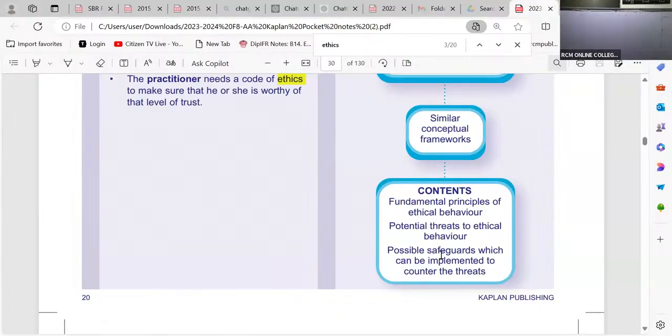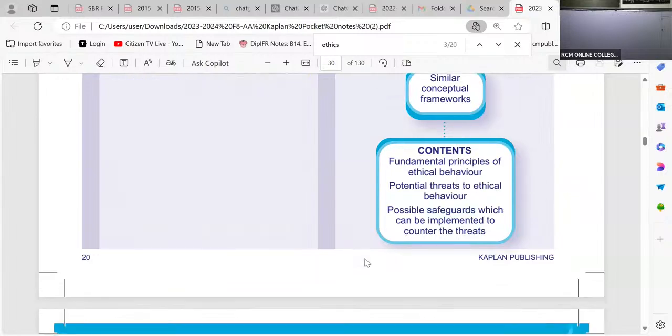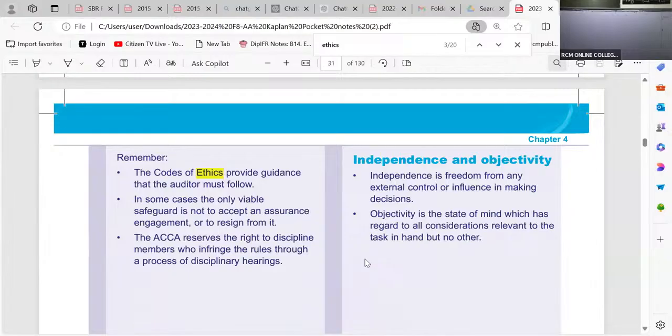You must have seen in your exams, the examiner is asking about possible safeguards. So remember, the Code of Ethics provides just guidance that the auditor must follow. In some cases, the only viable safeguard is not to accept an assurance engagement or to resign from it.